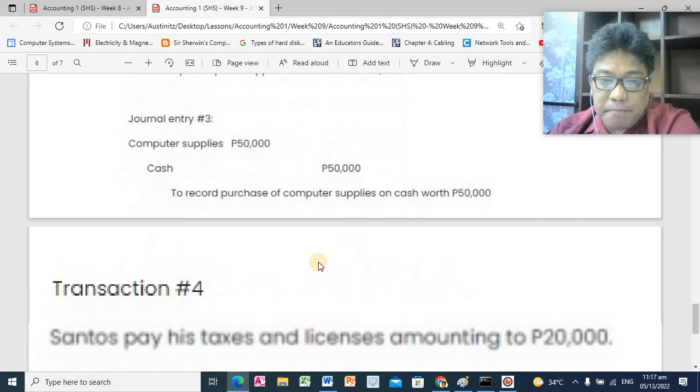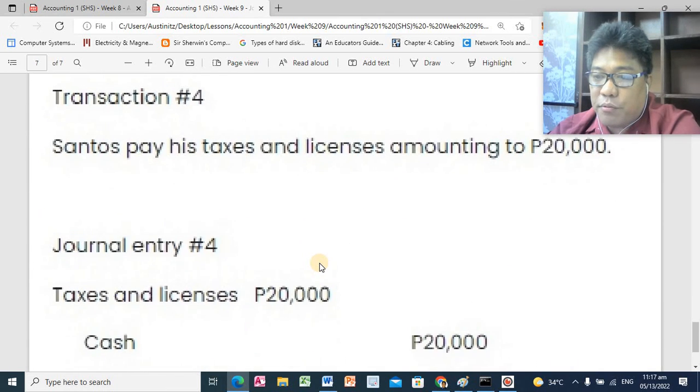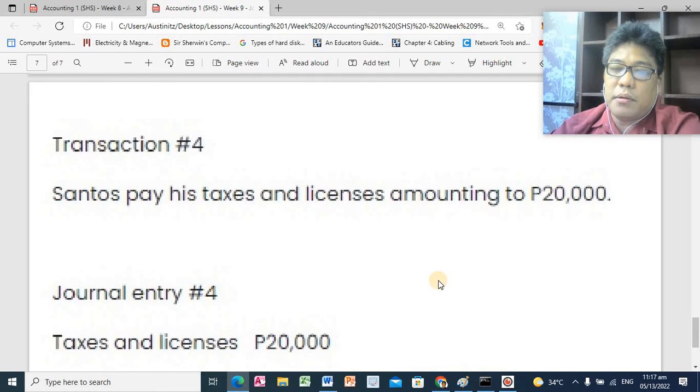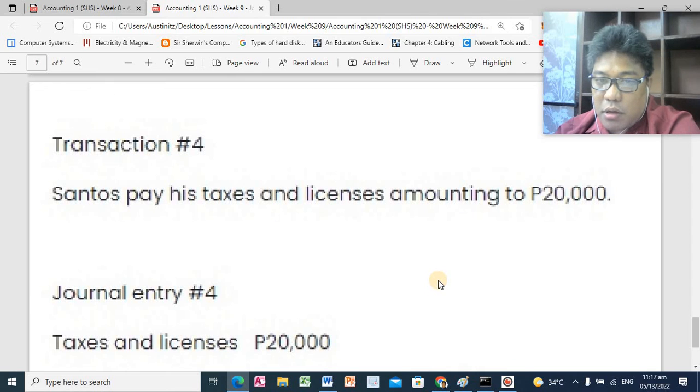Okay, next po. Transaction number 4, I think this will be the last example. Santos pays his taxes and licenses amounting to 20,000. Again, tagalogin natin. Nagbayad po si Santos ng tax, halagang 20,000. Bakit siya nagbayad? Kasi requirement po sa isang business na magbayad ng tax. So, nawalan siya ng pera, 20,000, dahil sa tax.